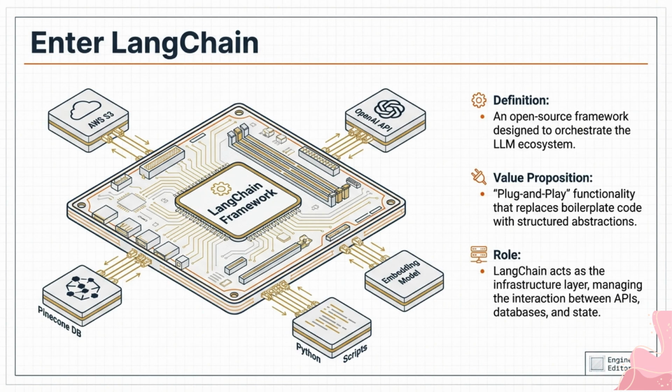Value: plug and play functionality, pre-built components instead of writing everything from scratch. Role: infrastructure layer, managing the interaction between APIs, databases, and state. You focus on what you want your AI to do. LangChain handles the connections. This is what democratized LLM development. Solo developers can now build what used to require entire teams.